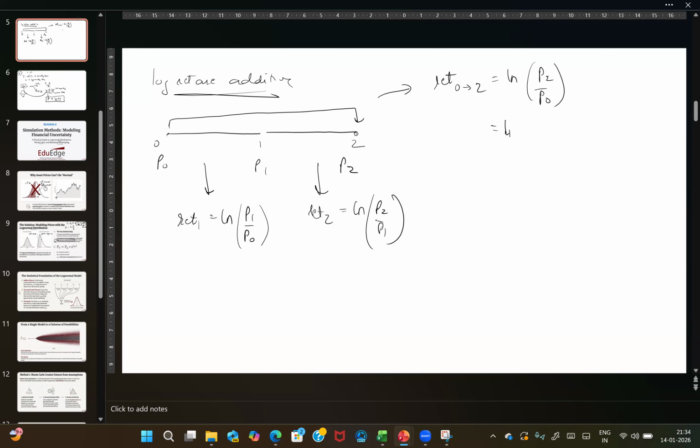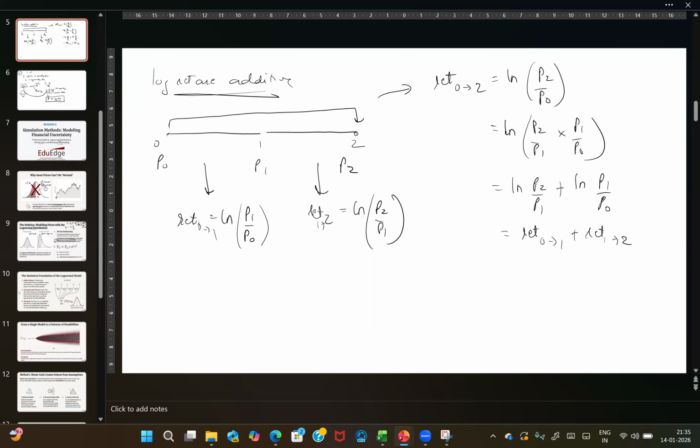Now I can realign this as p2 by p1 into p1 by p0, and then I can separate the two logs because log of a product is equal to the sum of logs, and this we know is nothing but return 0 to 1, and the other is return 1 to 2.